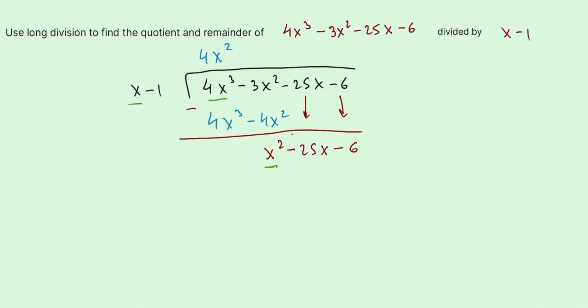Now we divide x squared by the first term of the factor, and we get x. So we have plus x at the top. Now we multiply x by x minus 1, and we get x squared minus x. We subtract the values, so negative 25x plus x gives negative 24x. Then we bring down the minus 6.